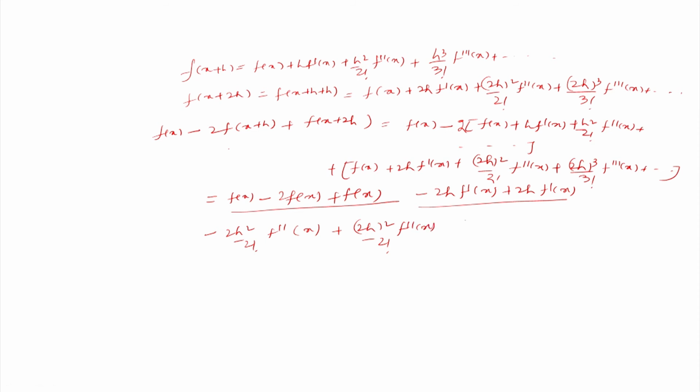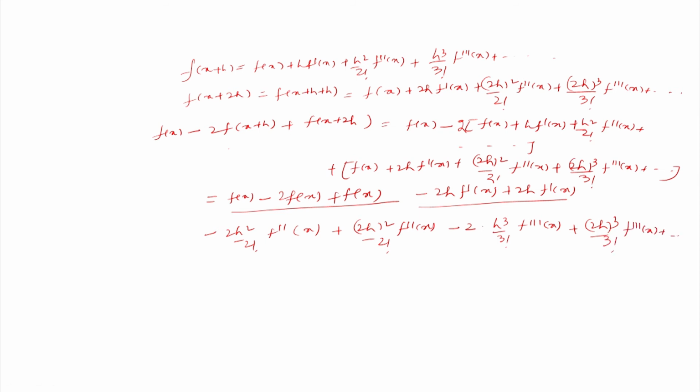So this term gives you the second order differentiation. The immediate next term gives minus 2 h cube by 3 factorial f triple dash of x, then plus 2h whole cube by 3 factorial f triple dash of x.